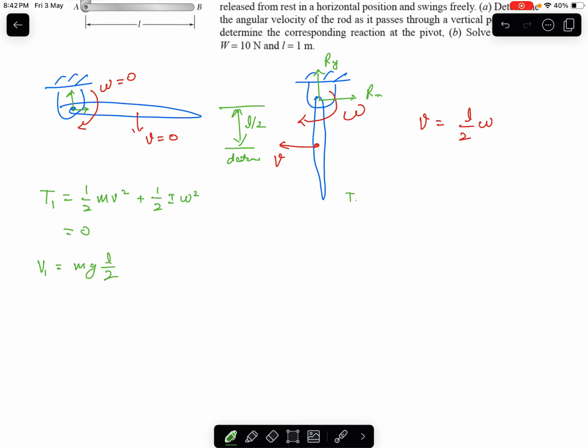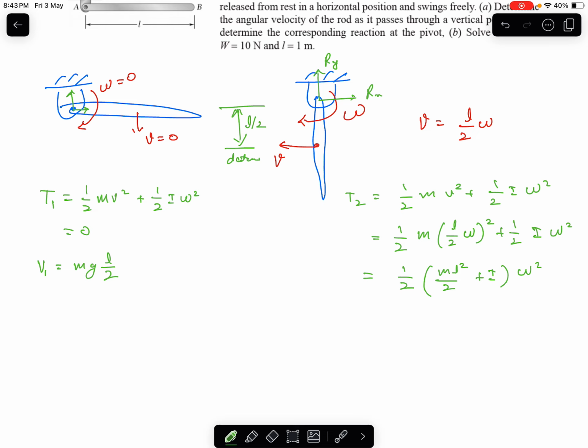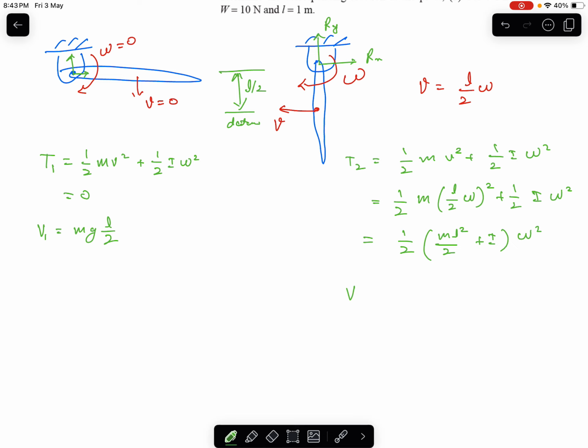And in this case T2 is half m v square plus half I omega square, which is half m (L by 2) omega square plus half I omega square. You can write this as half (m L square by 4 plus I) omega square. So this is the kinetic energy, and V2 is equal to 0.